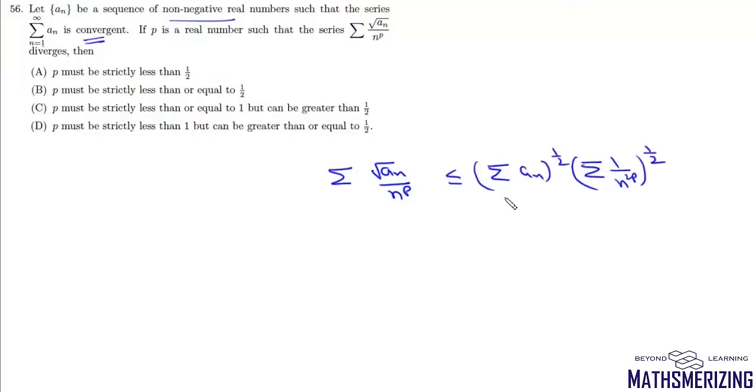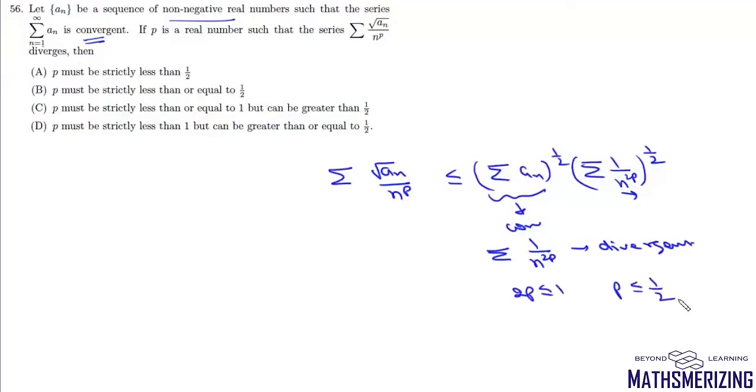Now it is given that this series diverges and summation a_n is a convergent series. So that means the series summation 1 upon n to the power 2p must be a divergent series. Now we know that this series diverges when the value of 2p is less than or equal to 1. That is, the value of p should be less than or equal to 1 by 2. And that's your option number B.